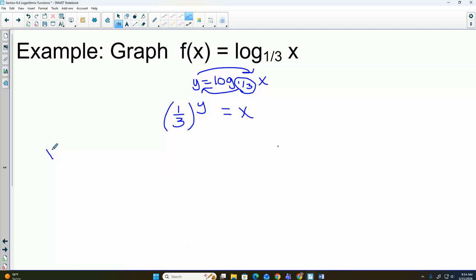So to get my graph, I do my t-chart and I'm putting in -1, 0 and 1 for the y because it's in the exponent.